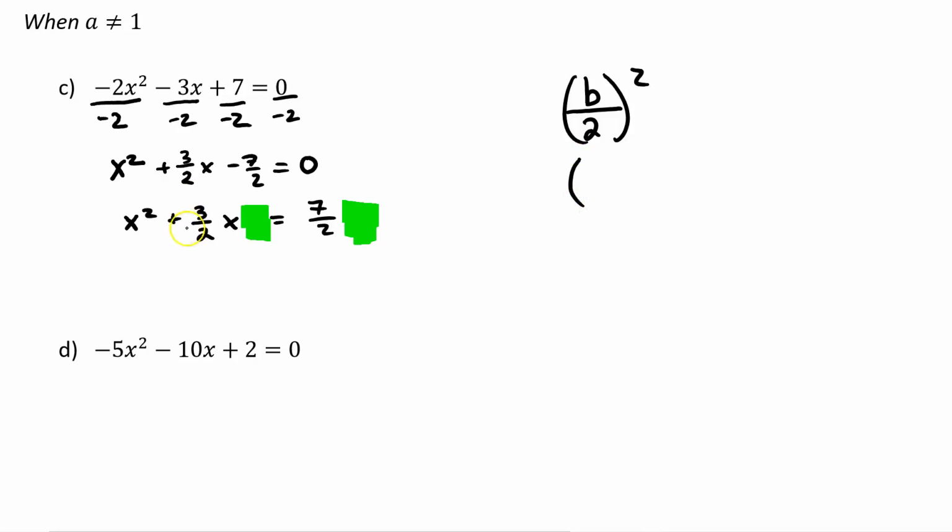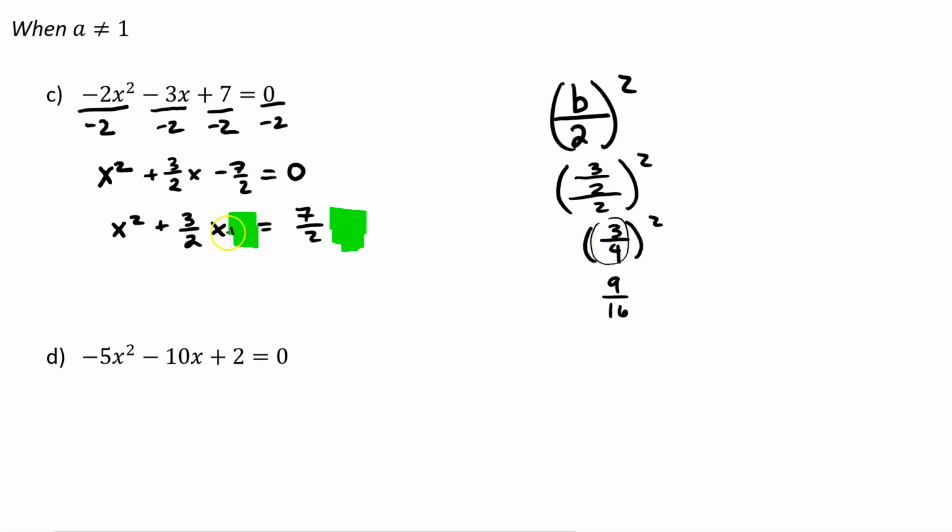So my b in this situation is 3 over 2. So 3 over 2 squared. So then that's going to be 3 over 4 squared, which is going to be 9 over 16. So I want to simplify this because it makes it very easy. So plus 9 over 16, plus 9 over 16.